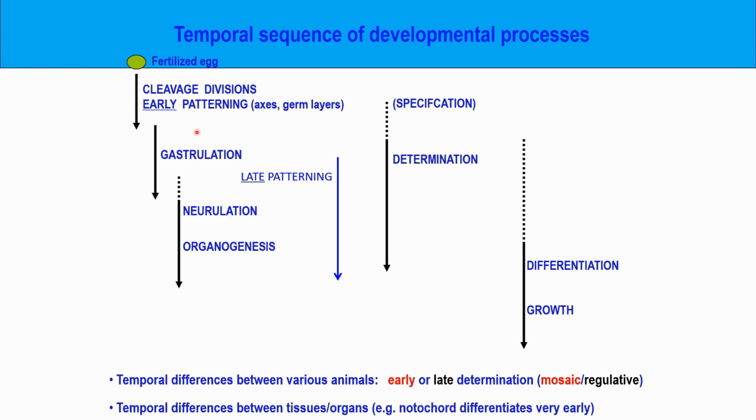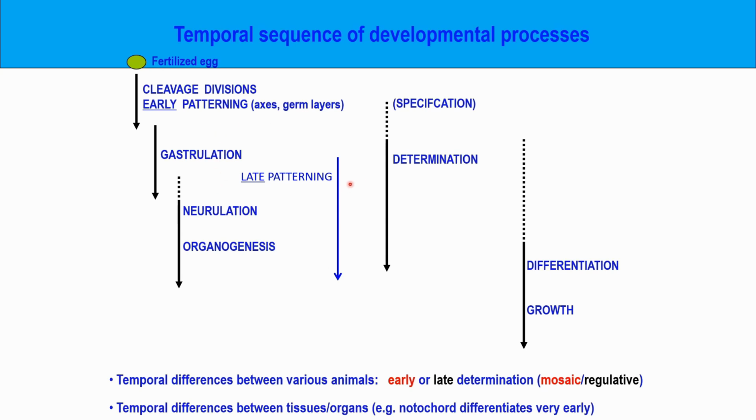And of course, this will depend on whether it is mosaic or regulative, so the type of embryo or development. The mosaic style will specify and determine cells early, whereas the regulative type of embryonic development will kick in with specifying and determining cells later.